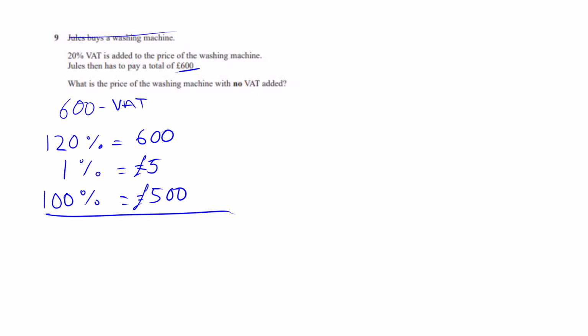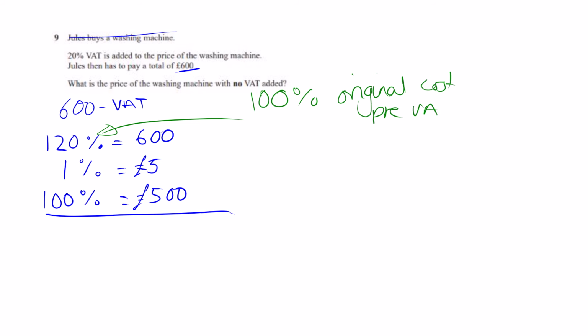So just to go back, why is this 120%? If 100% is the original cost pre-VAT, so before that, we add on the 20% VAT, and that gives us the 120%, which is £600.